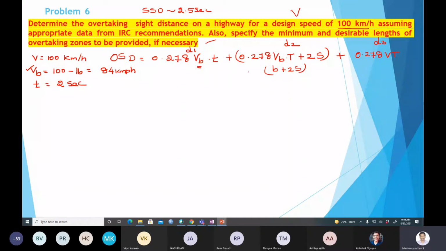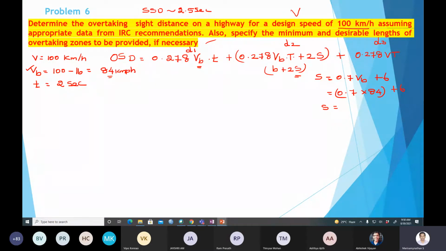Then what are the components required in this equation? I told that the equation for S is S equal to 0.7 VB plus 6. VB we have estimated as 84, so 0.7 into 84 plus 6. If you multiply, you get the S value. VB is already estimated as 84.